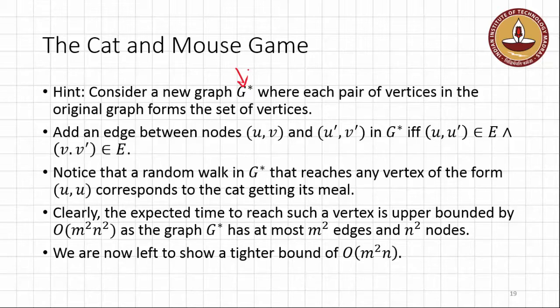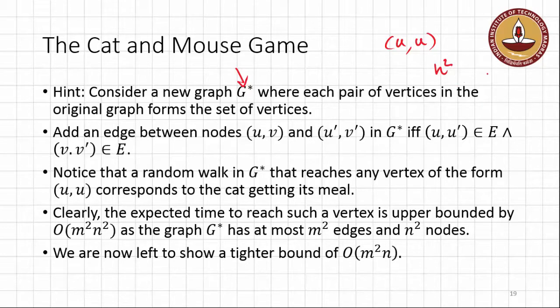Basically, every pair of vertices in the original graph forms the set of vertices, in fact every pair where each element is drawn with replacement. So you even have pairs of the form (u, u), where we don't need both vertices to be distinct. That means we really have n squared vertices in this new graph G star.